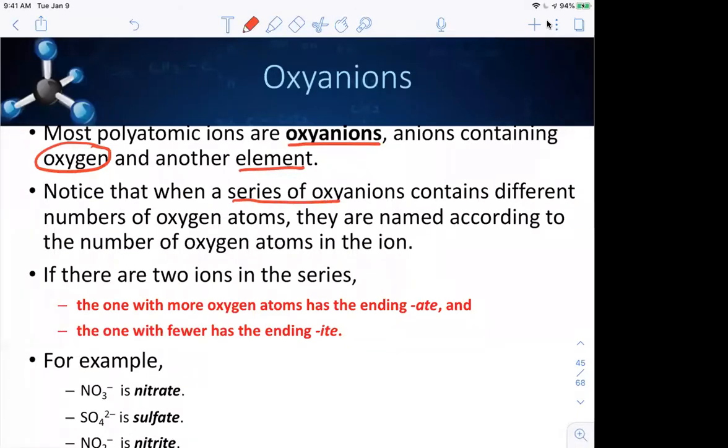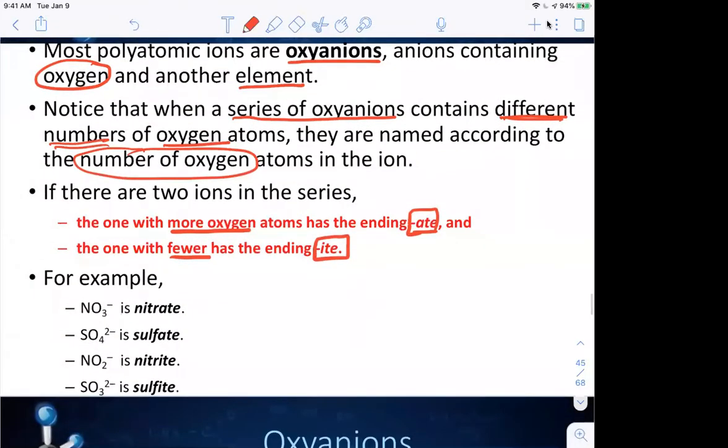When a series of oxyanions contain different numbers of oxygen, they are named according to the number of oxygens on the ion. If there are two ions in the series, the one that has more oxygen ends in ATE. The one that has fewer oxygen ends in ITE.